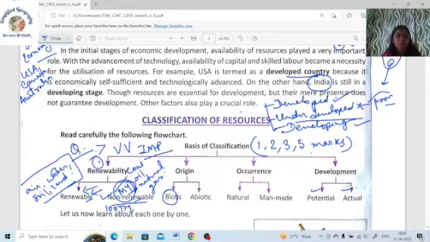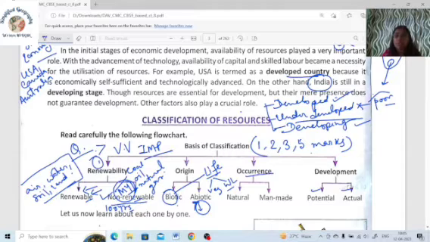The word biotic refers to life. So all the living beings we are having, vegetation cover, wildlife, etc., all come under biotic. And abiotic, those which don't have life. So these things are air, water, soil, land, etc.